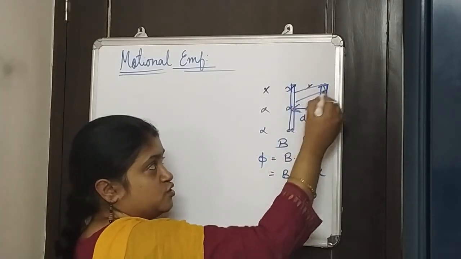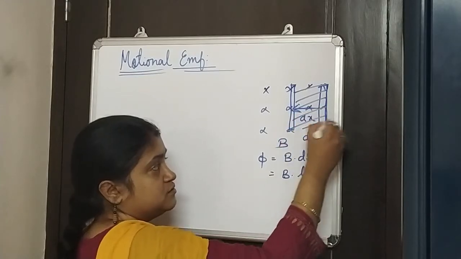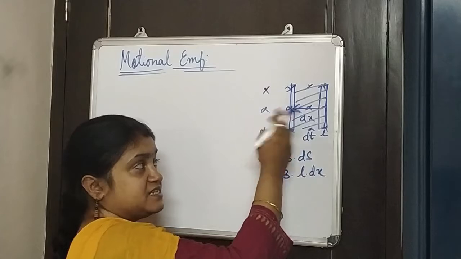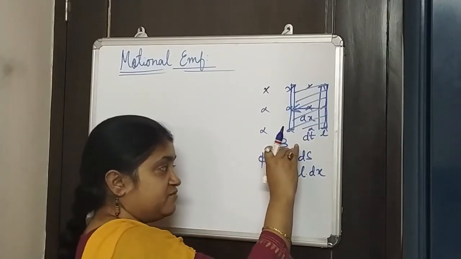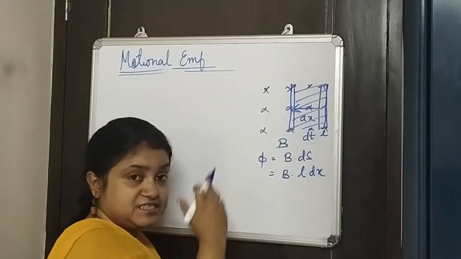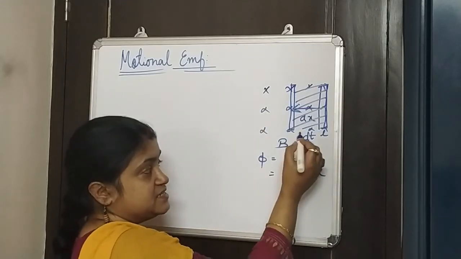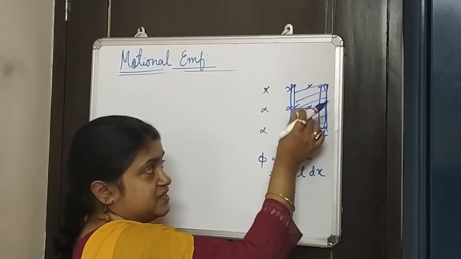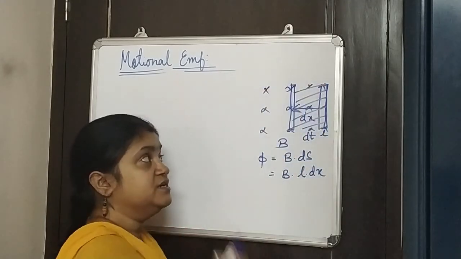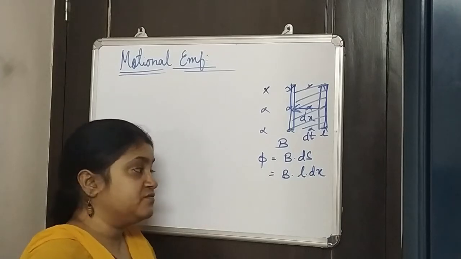So this whole area is where the magnetic flux has changed, the magnetic field times the surface dS, which is the breadth dx into the length L.